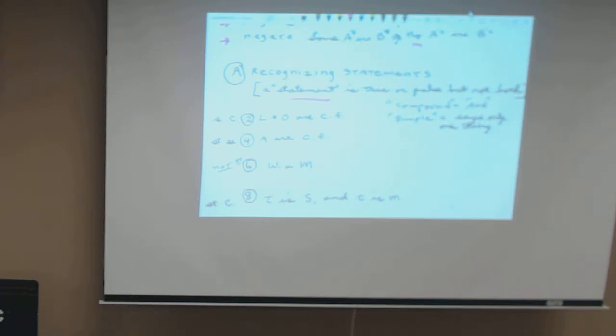So that makes it a statement. Now, is it simple or compound? It's compound because it says lemons and oranges. So the third thing they want you to do is name the two components. And what are the two components? Lemons, oranges. You follow that?